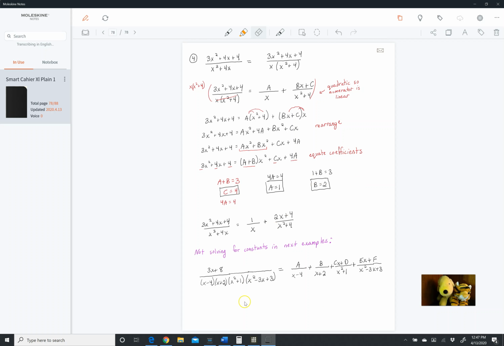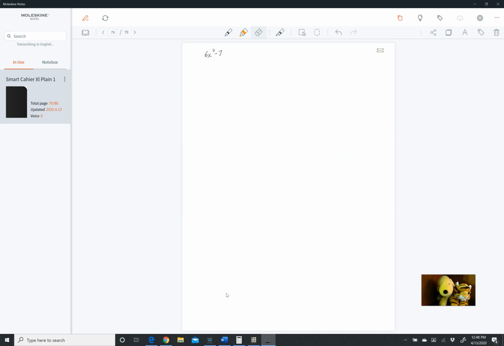Okay, let's take one other type of instance before we talk about improper fractions. The other type of instance is if you have something that's linear, but with a multiplicity greater than 1. If we have a factor that has multiplicity greater than 1, then it works a little bit differently. Okay, so let's take an example. Let's say that we have, I'm going to keep these numerators simple because it really doesn't matter, 6x squared minus 7x plus 2.